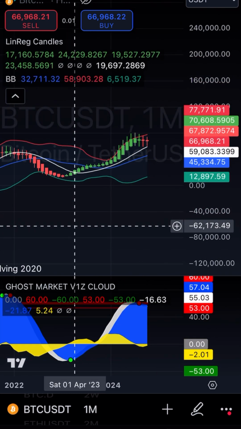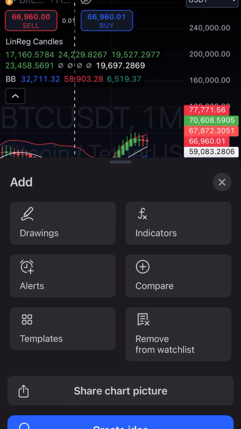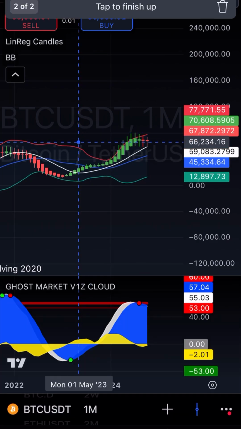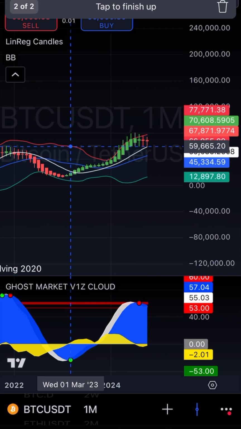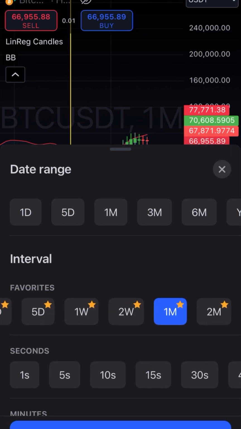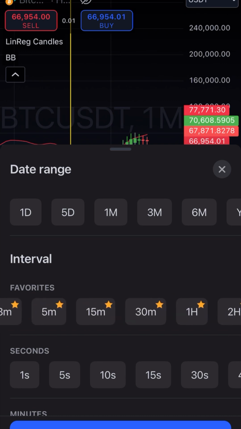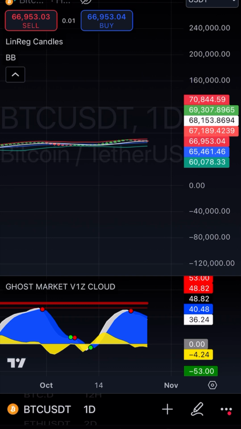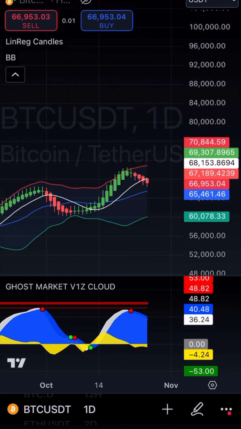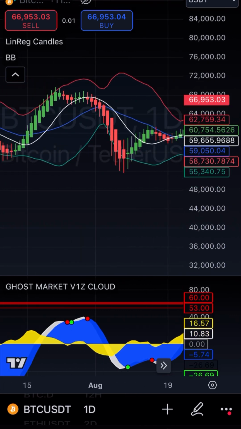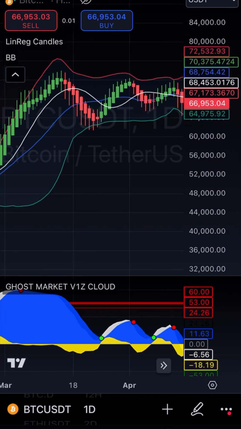Let me just draw a line right here. And now we're going to look at the daily. Anything from that point on, you want to focus on uptrend.